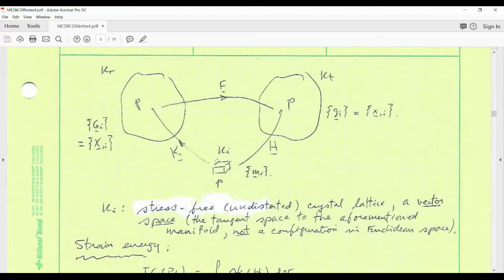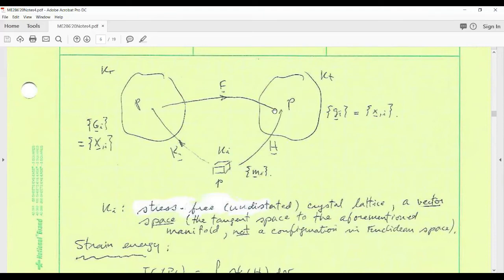We could have a dust cloud of infinitely many little cubes in Euclidean space, or we can imagine at any material point this cube as being associated with these three vectors, the tangent space to a global manifold, but it's simply not Euclidean anymore. And we map that material point back into the reference configuration by this K tensor, the inverse of G. So this is a global configuration in Euclidean space, the reference.